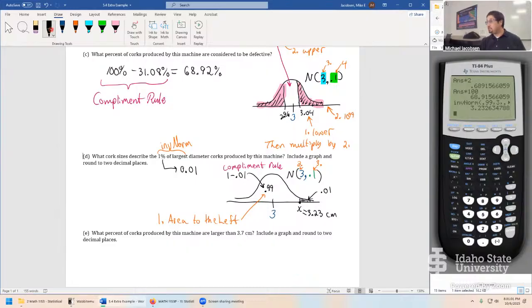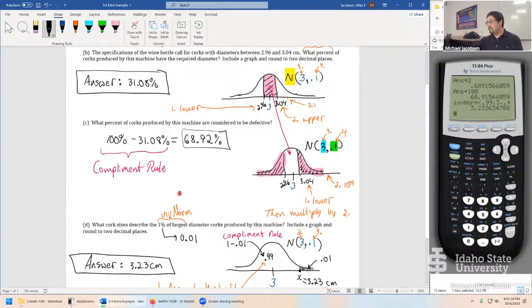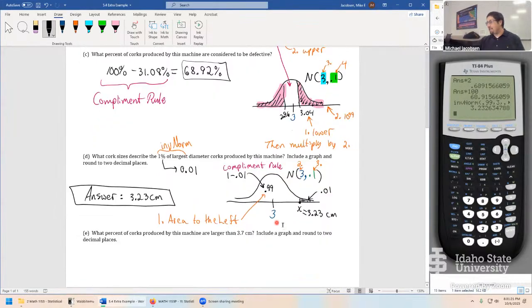But we got it, and it's good to be specific that the answer on this one is 3.23 centimeters. The goal with writing this stuff down is to never have to use a box, but I feel like these problems just have a cloud of information everywhere. So I'll try to make sure I'm always boxing these kind of problems out.